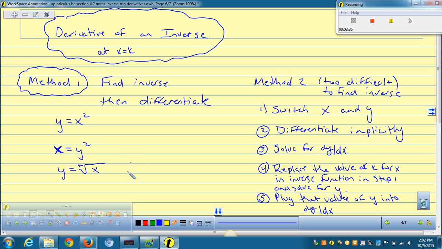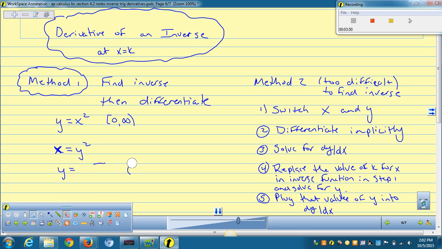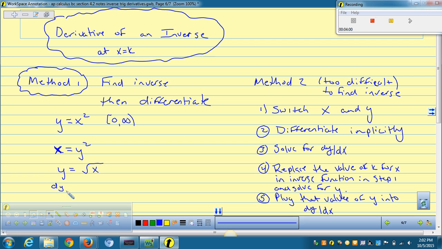But if we limit our domain to be from 0 to infinity, then this would work and it would only be the positive root. There is our inverse, and then we could find dy/dx by just taking the derivative of that inverse.